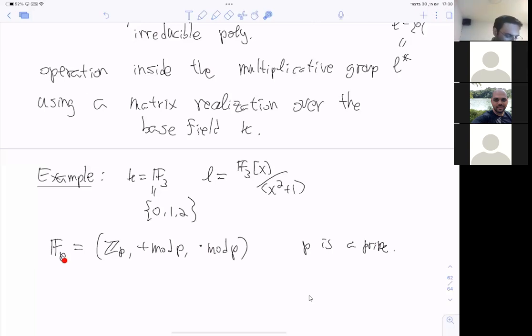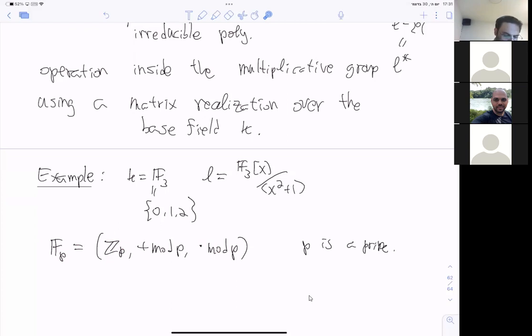But if p is a prime and you remove the zero, this is the definition of a field: if you take the ring and you remove the zero, you also get, with respect to multiplication, an abelian group. And here the Euler group will contain all elements. Once you remove the zero, all elements are invertible modulo p, because all numbers are prime to p. So this is the basic prime field, but we can extend it.